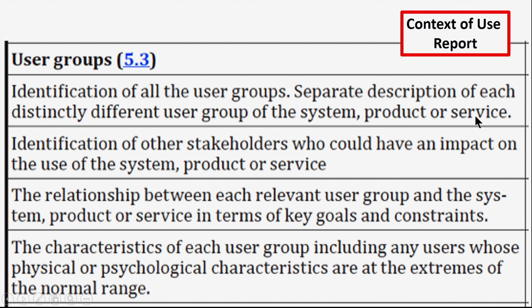Include all the user groups and describe them in detail. Identify other stakeholders who could have an impact on the system, product, or service. So these are things to consider in providing a context of use report, and what's required for which format of report you can get from looking at the document. There's no way I could provide all that information here. I could spend the better part of an hour just on this one document.